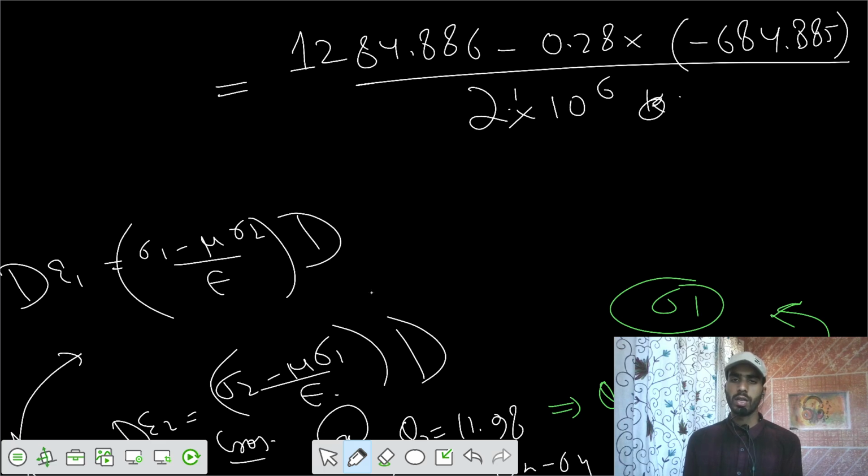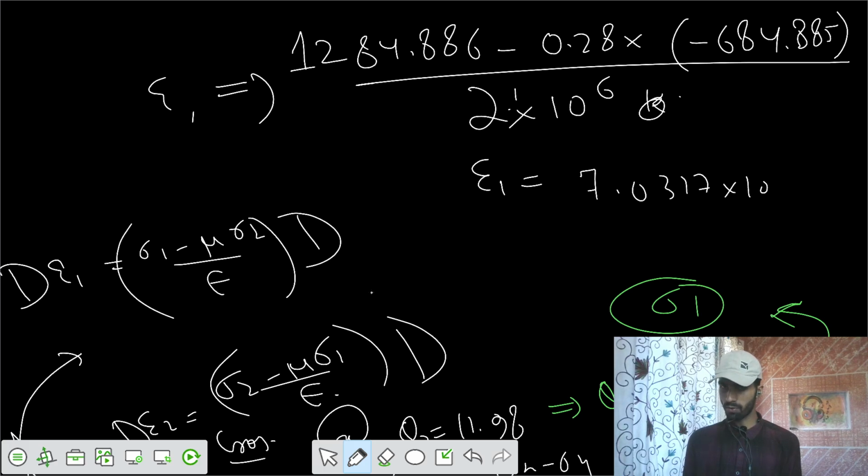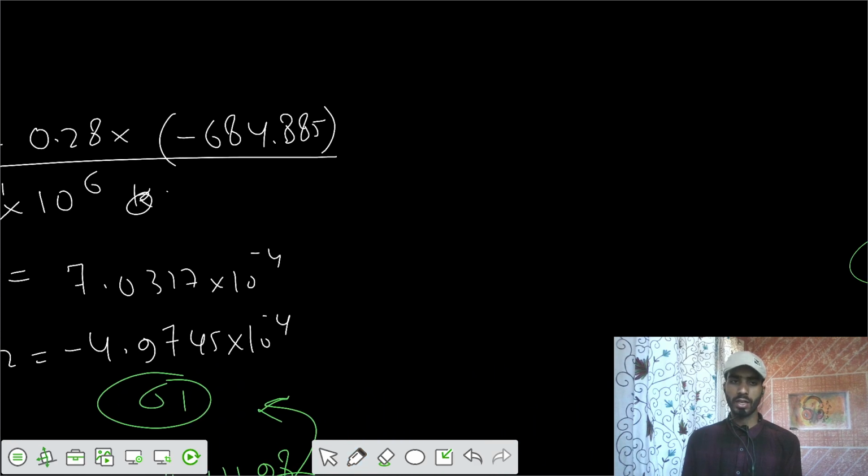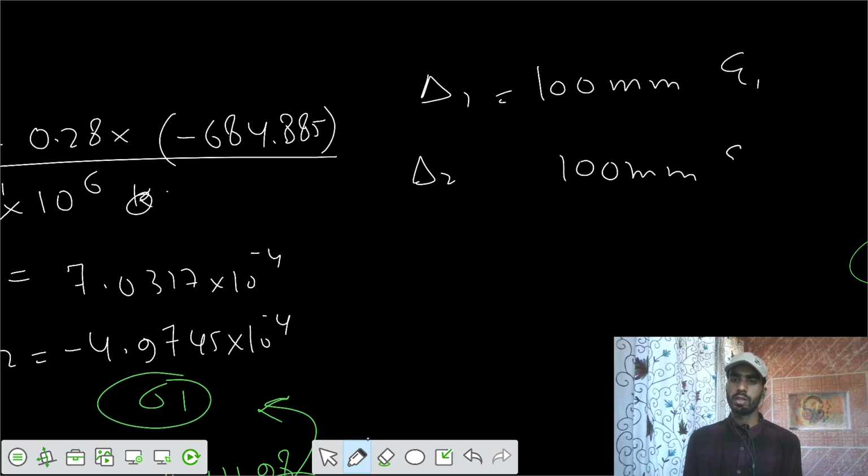Finally you get a strain value of strain 1 equals 7.0317 into 10 to the power minus 4. And similarly strain 2 equals minus 4.9745 into 10 to the power minus 4. And once you got strain 1 and strain 2, you can get delta 1 and delta 2, that's 100 mm into strain 1 and 100 mm into strain 2.